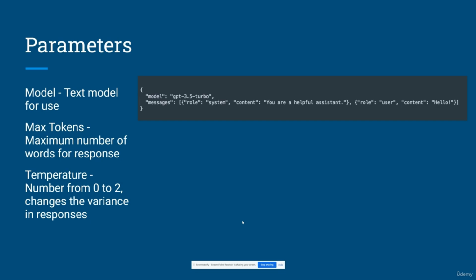And based on the temperature, it actually changes the variation, and it might pick something that is less probable rather than something that's more probable. And then, in a way, this is changing the creativity, because now you're hearing something that you don't expect rather than something that you are 100% expecting. So these are the main parameters, and you can use these to change the response based on the input of the API call to the LLM.